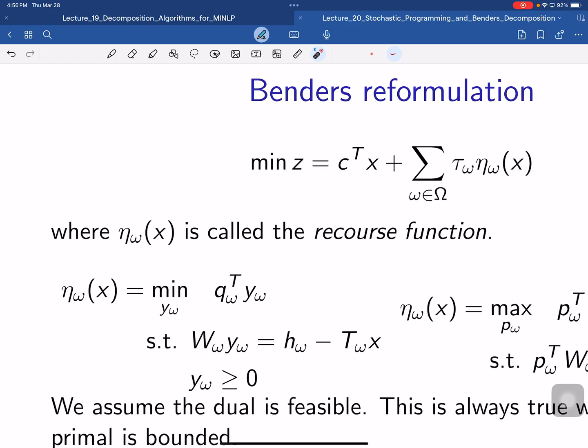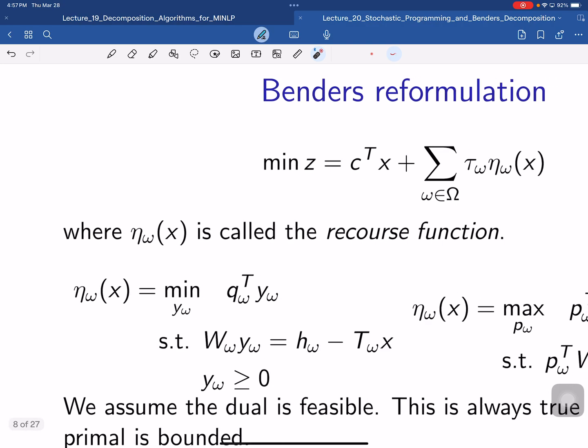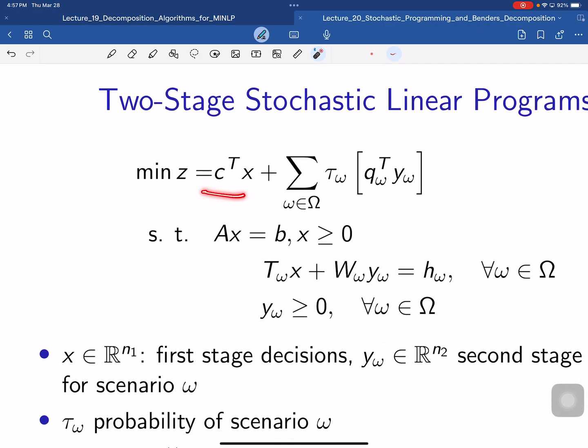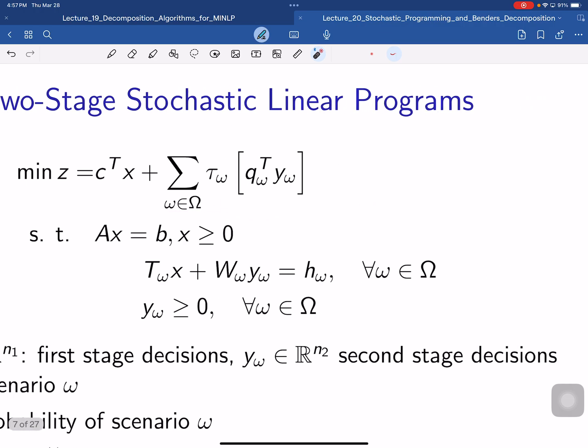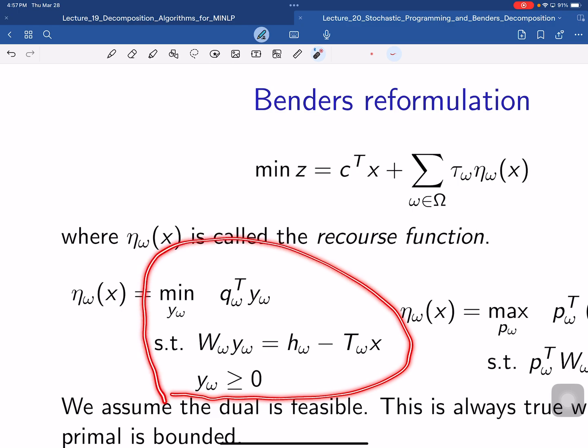There is a very simple way of reformulating the problem. Recall that in the previous formulation, we have minimizing c transpose x. Then you can think about having an optimization problem for each scenario omega. Now we just define a function called eta of x, which basically shows the minimization problem in the second stage for a given x.